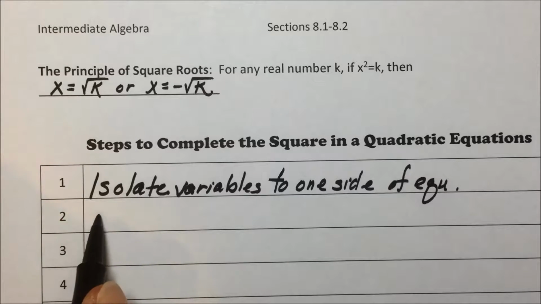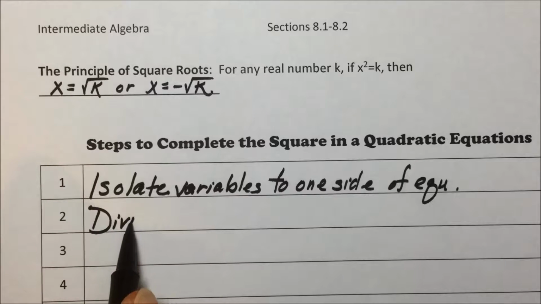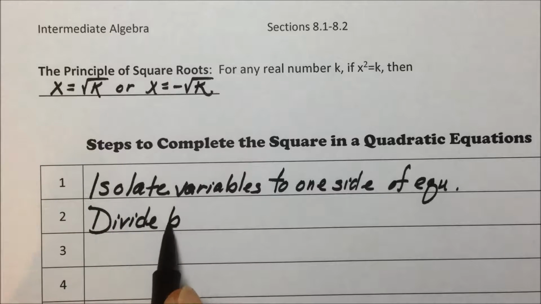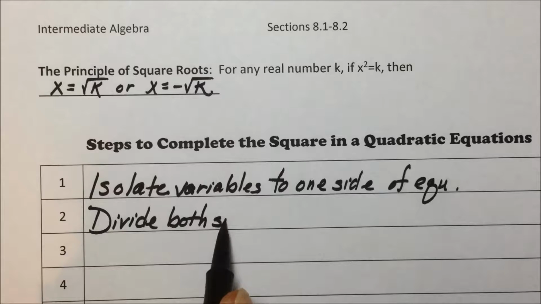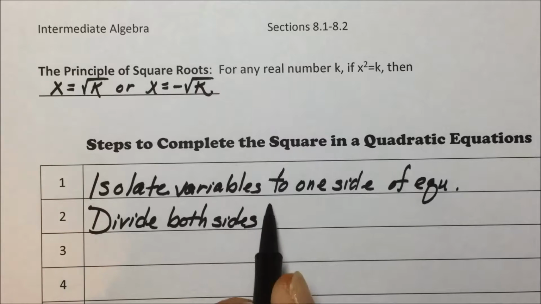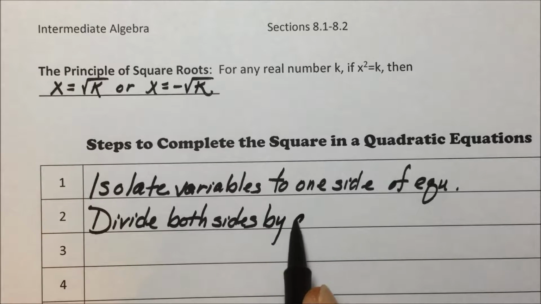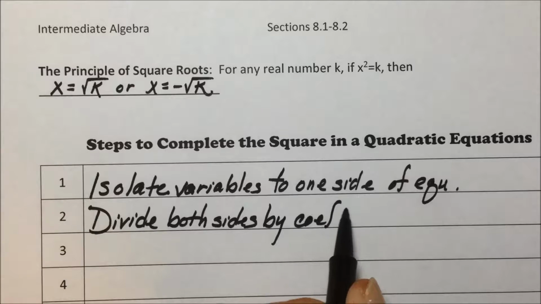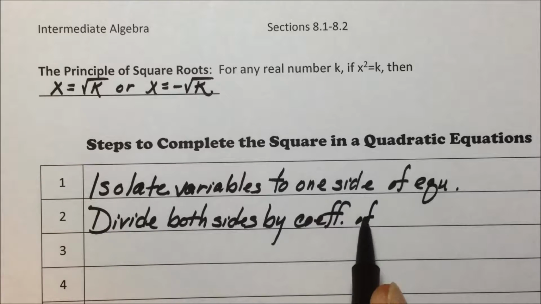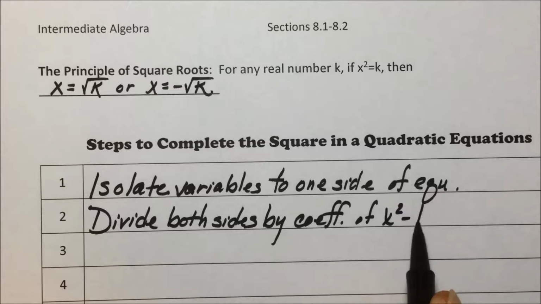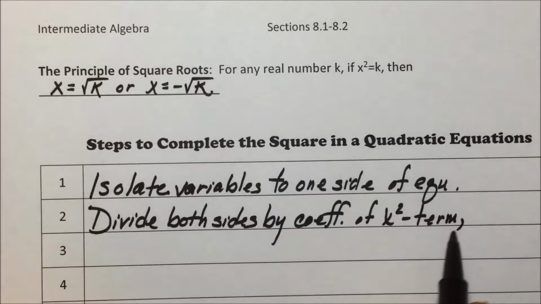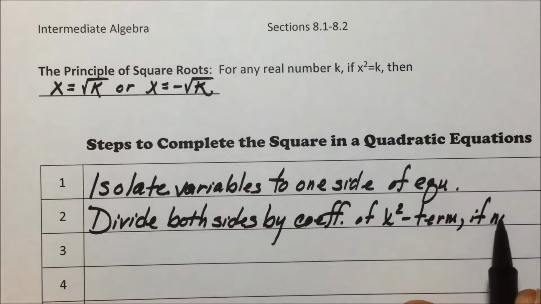Next, we want to divide both sides by the coefficient of the x squared term, if not 1.